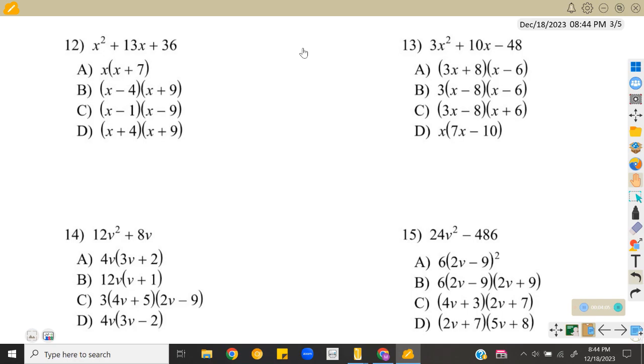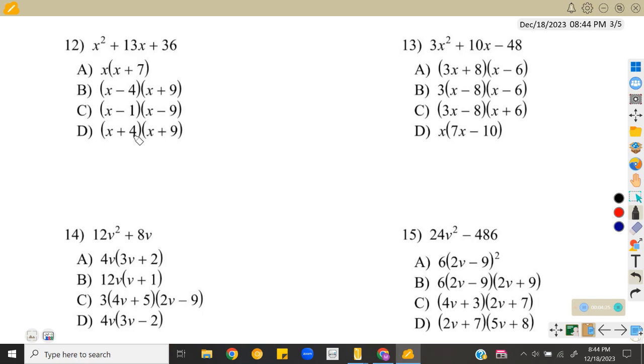Okay, we have this problem right here, which is x squared plus 13x plus 36. So think about it. We're looking for something that will give us a positive 36. I see a negative 1 times a negative 9. If I multiply a negative 4 times a positive 9, that would give me a negative 36.